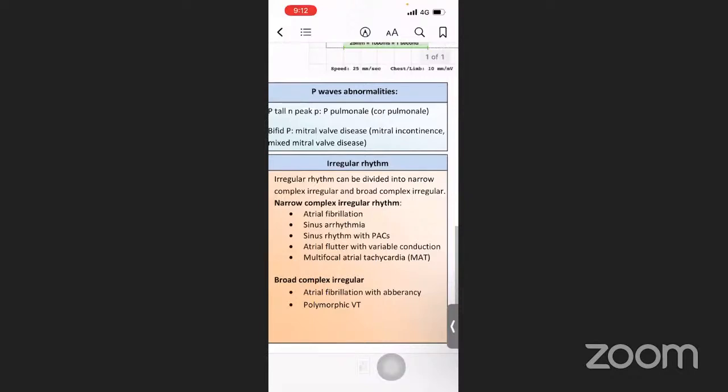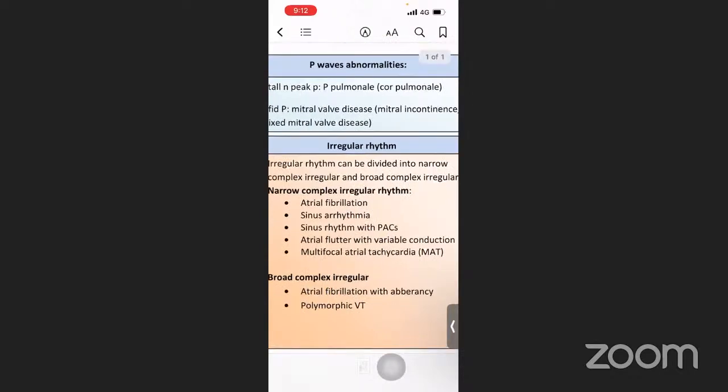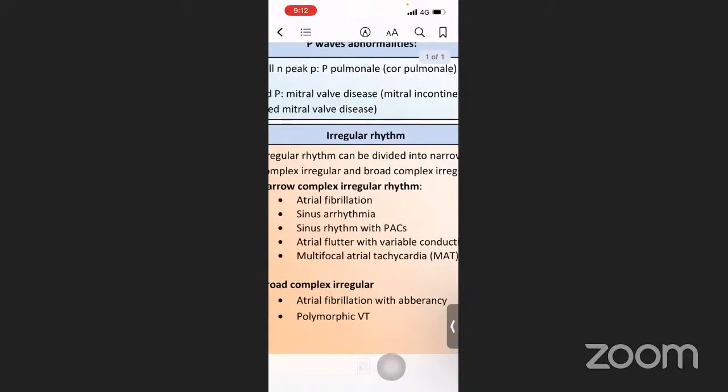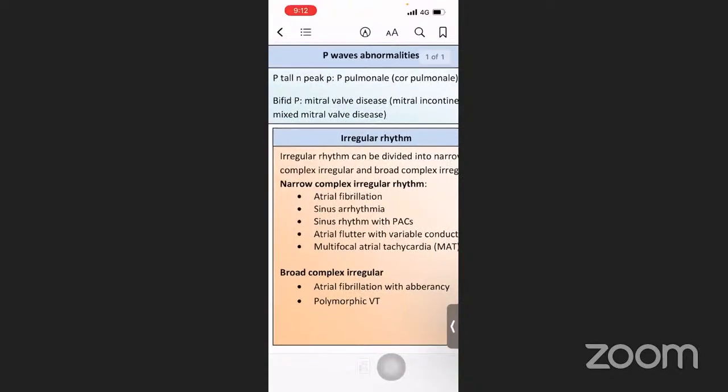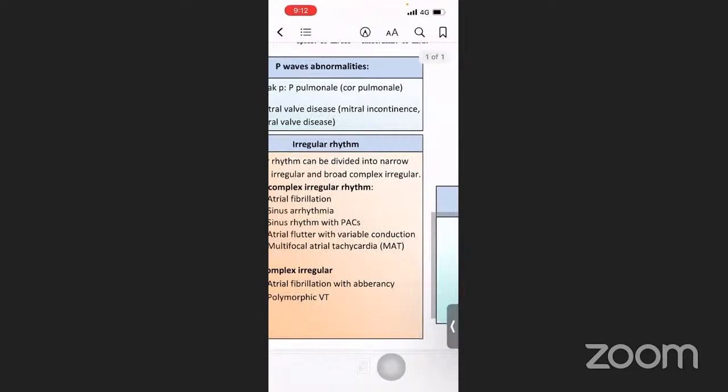So you have sinus rhythm with PAC, atrial flutter with variable conduction, and multifocal atrial tachycardia. For broad complex, there is atrial fibrillation plus aberrancy, meaning abnormal conduction, and polymorphic ventricular tachycardia.